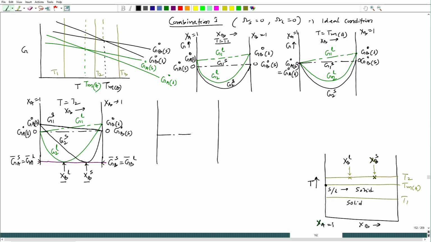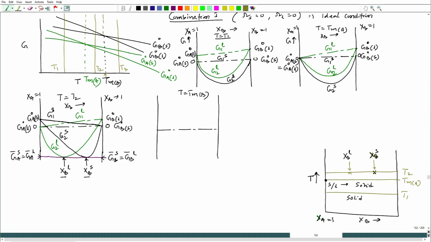Okay. Now, we take a temperature T equal to T M B. At this particular temperature, if I take T M B and X B equal to 1, X A equal to 0, those reference values, this can be taken as G B naught solid.